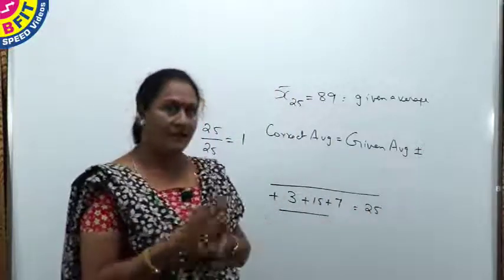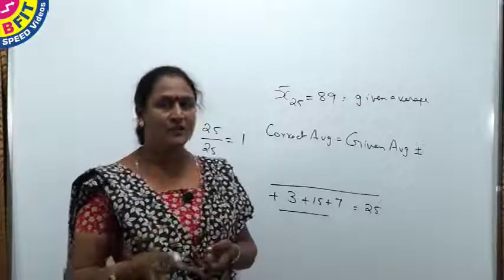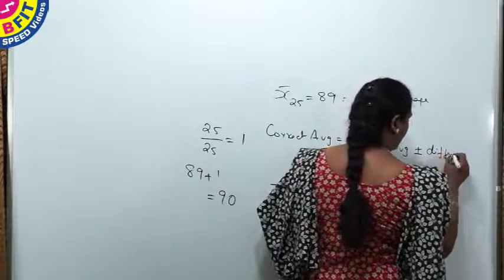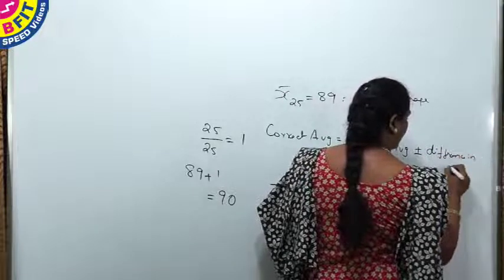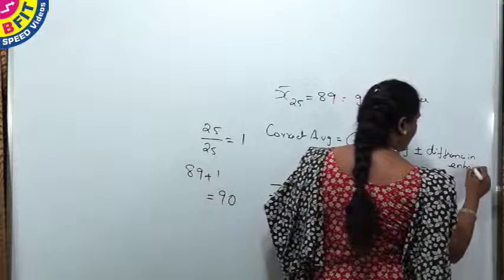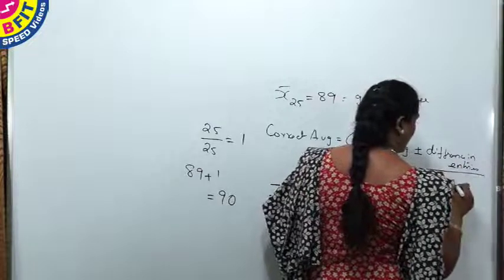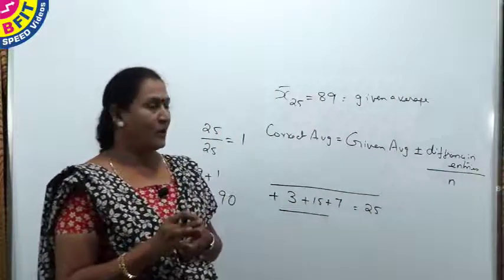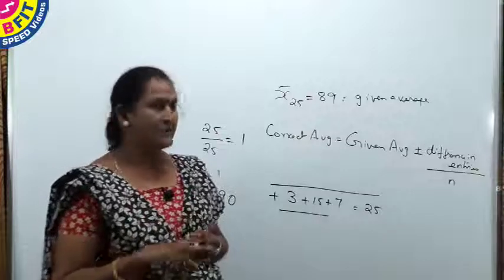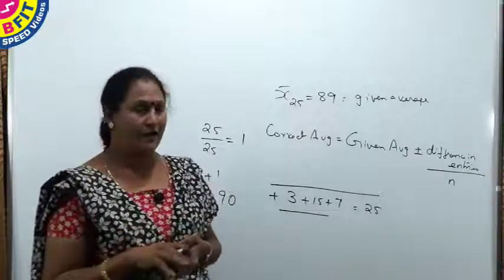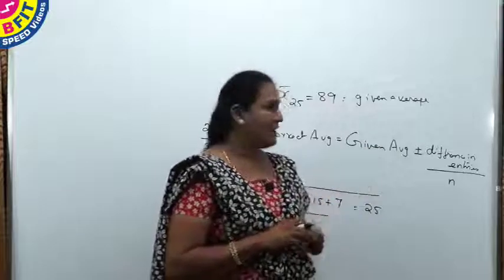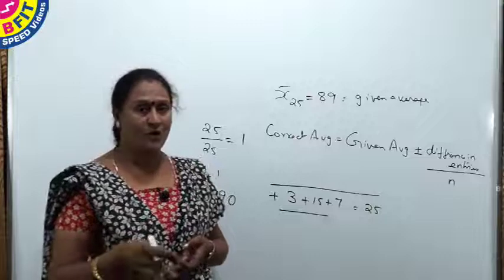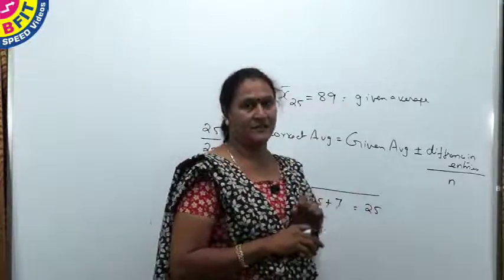Difference between the entries or difference between the sums, both will be the same. So difference in entries by number of terms. When the overall total sum of correct entries is more than the overall sum of the wrong entries, it will be plus here. And if the overall sum of correct entries is lesser than the overall sum of wrong entries, we take minus here.